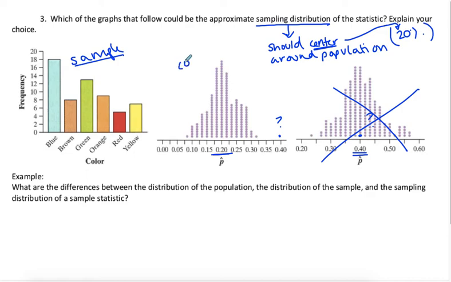It has the correct center and is a collection of p hats. So each one of these dots could represent our sample of 50 M&Ms that we took here and said, okay, how many orange are there? Well, this is 8 out of however many are in this one. So I would plot my point here. I don't know how many it actually is, but I just took this over and over and over again, and each one of those represents its own sample.